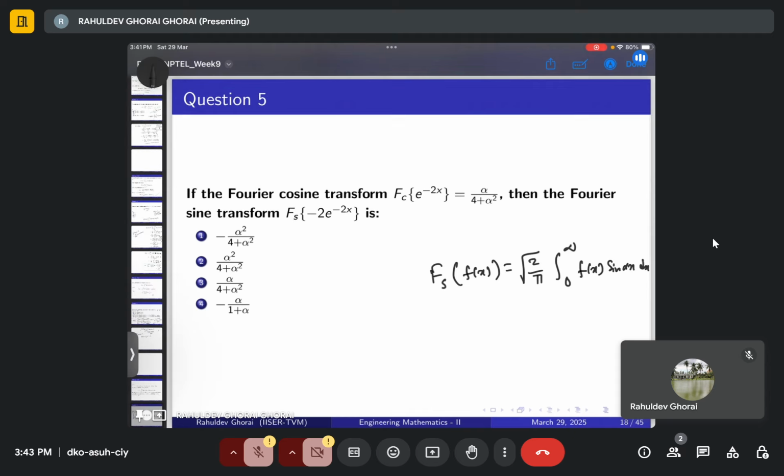It will come in terms of alpha, right? This is the transformation. The Fourier cosine transformation comes similarly. They are not equal, this integral and the transformation.